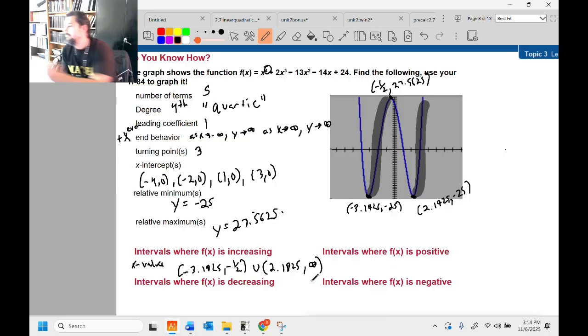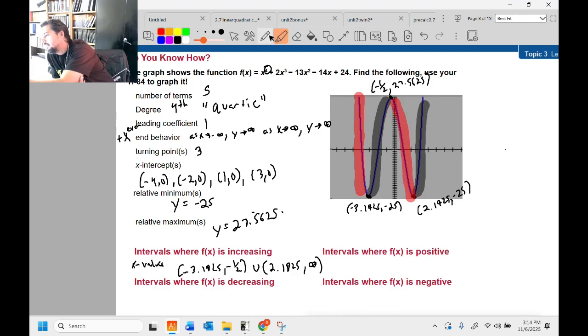Decreasing while I'm at it would be those paths. I am decreasing from negative infinity all the way until I run into this x value of negative 3.1925. And I'm also decreasing from an x value of negative 1/2 until I get to 2.1925.